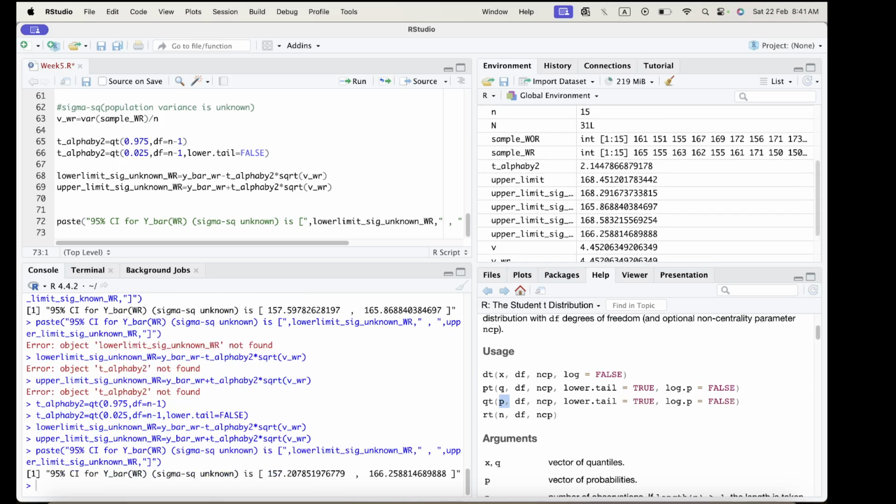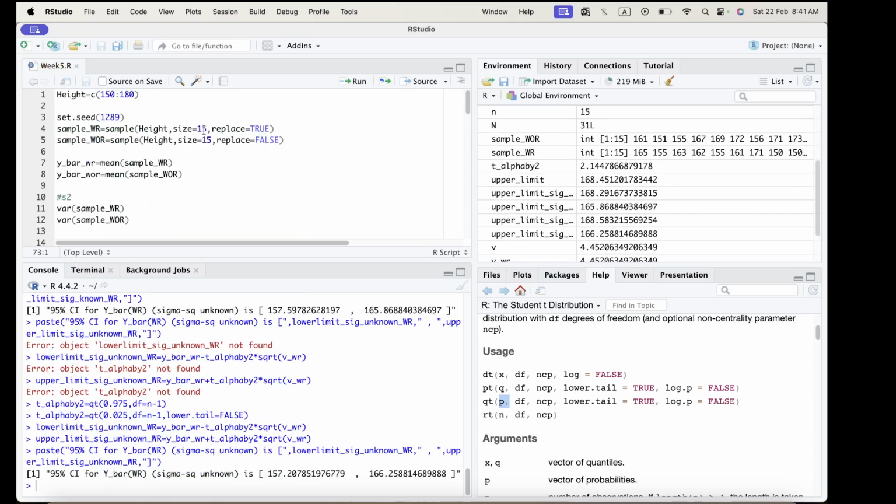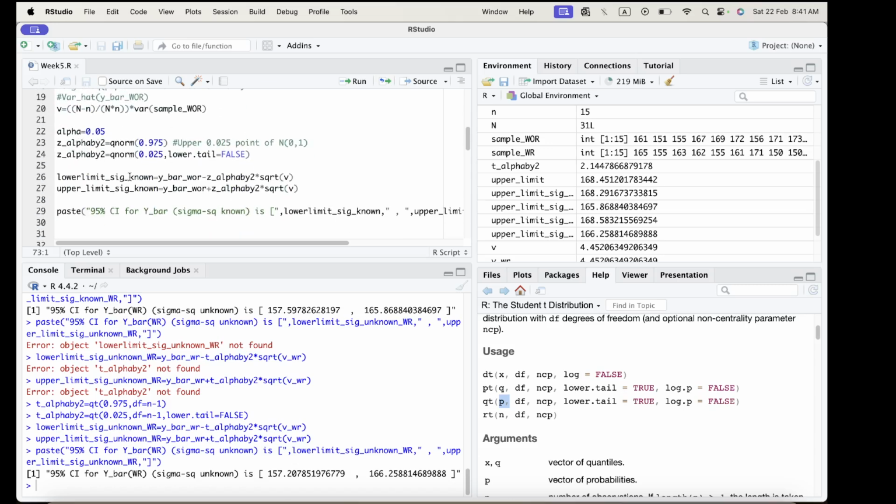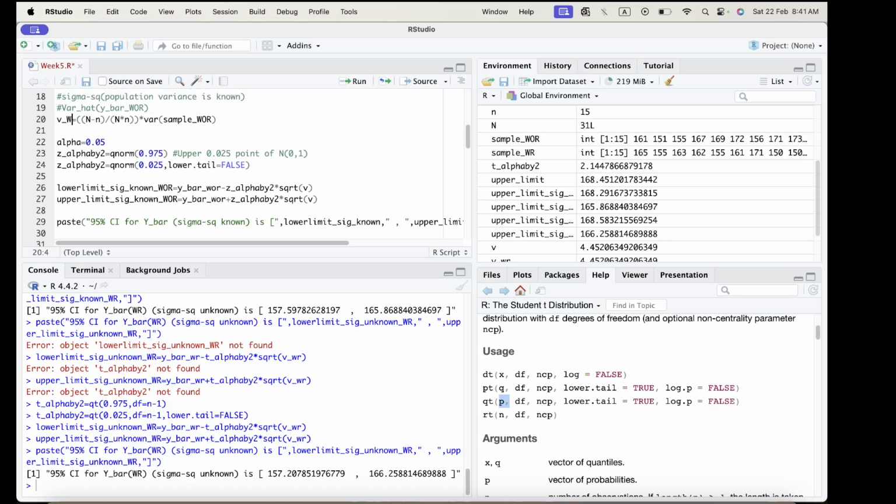Alright, so I'll just rename here so that it's easier later. Z alpha by 2, lower limit sigma known WOR, and this is WOR, Z alpha by 2 square root of VWOR.